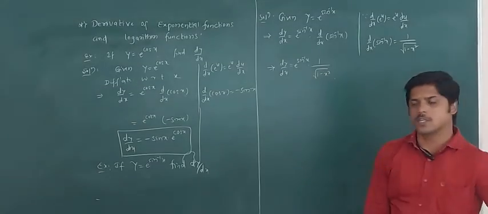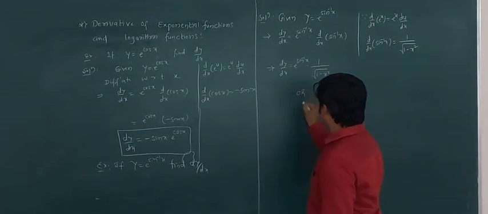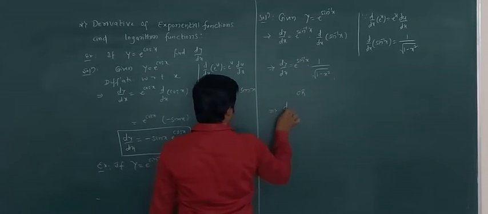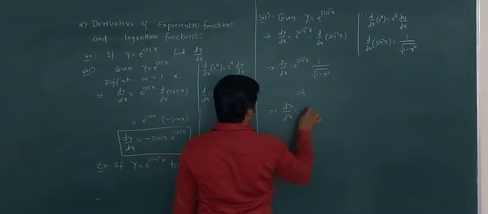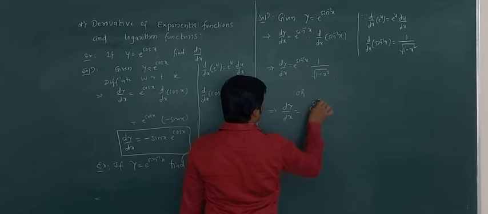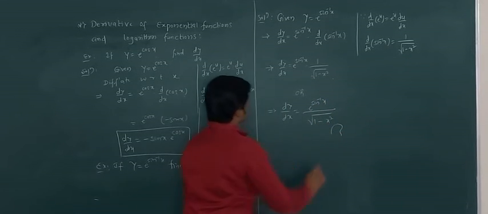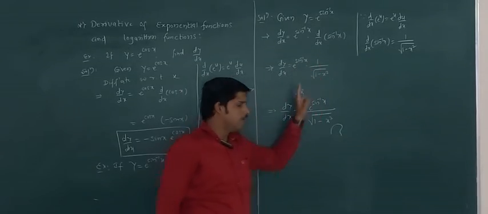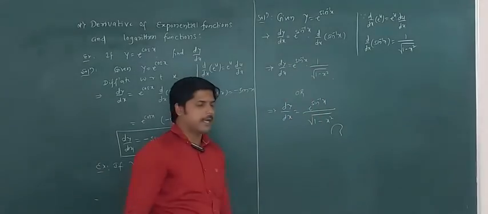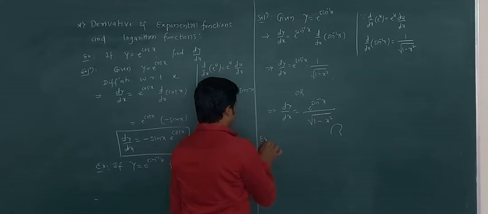This is the required solution. Or this can also be written as dy by dx is equal to e to the power sin inverse x divided by square root of 1 minus x square, because e to the power sin inverse x into 1 is e to the power sin inverse x. This is the required solution.